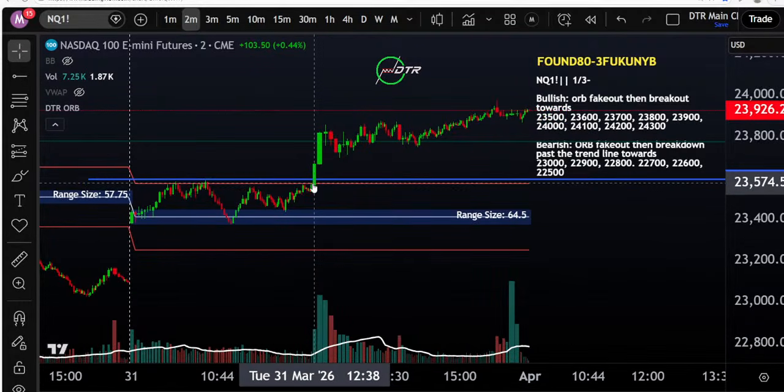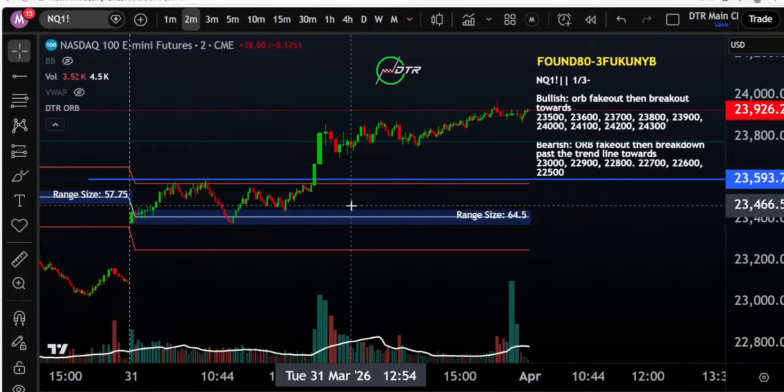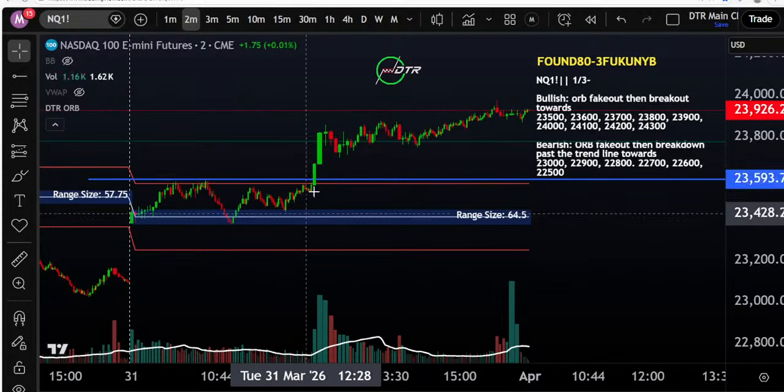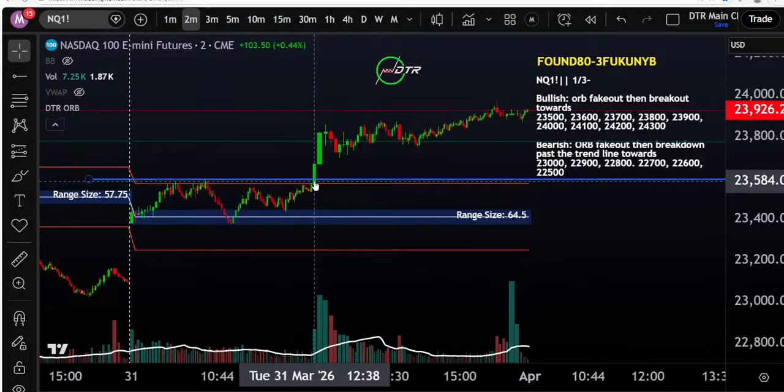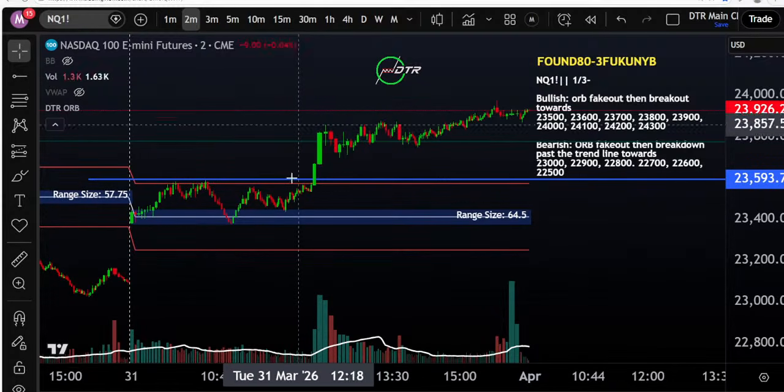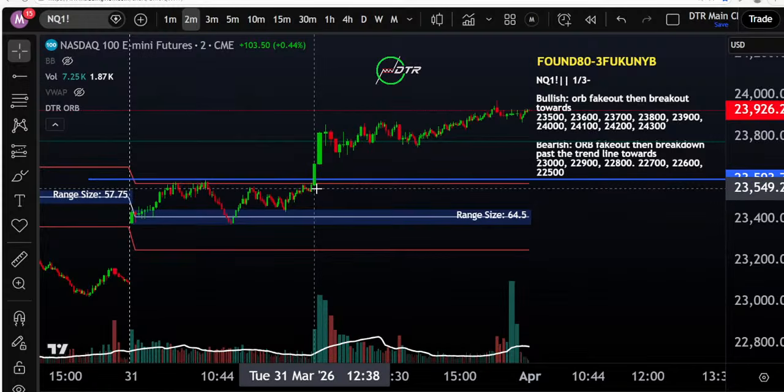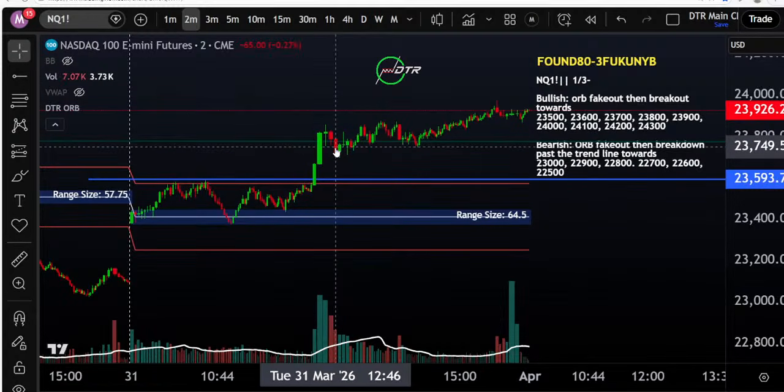Now, this was news driven, which is why it created that. But this is fundamentally the confirmation you'd be looking for. It's a high volume breakout. It's indicating strength. It's showing us that our idea appears to be correct and that the path of least resistance here is to the upside.